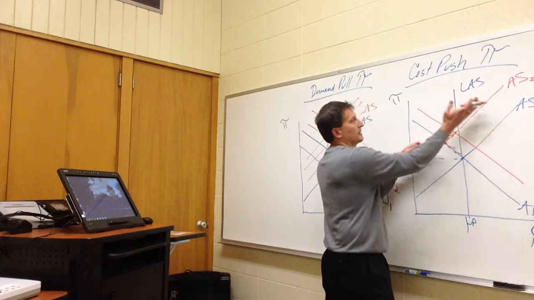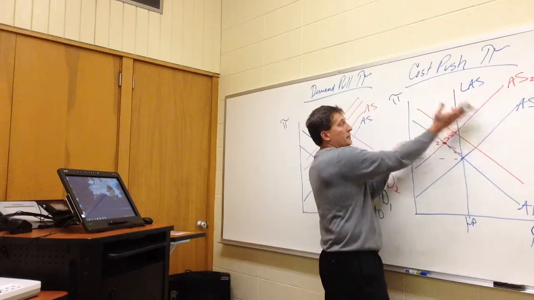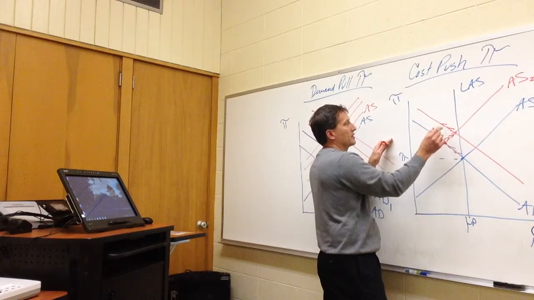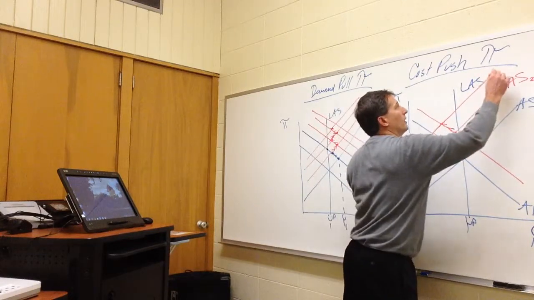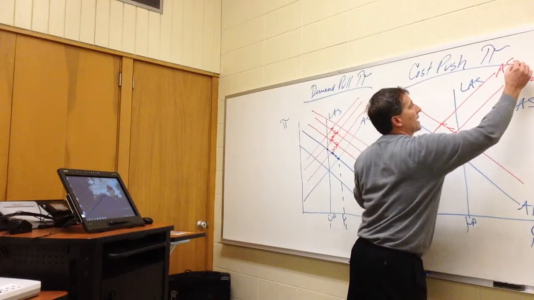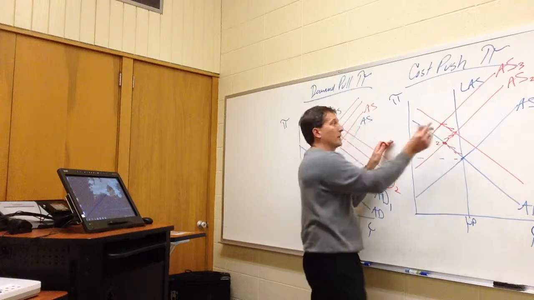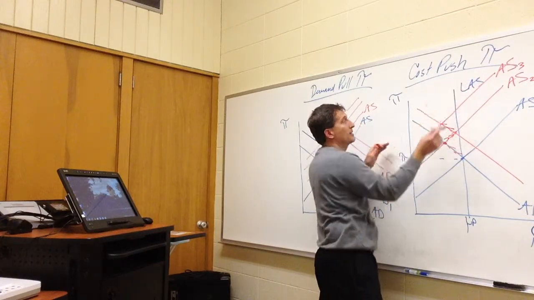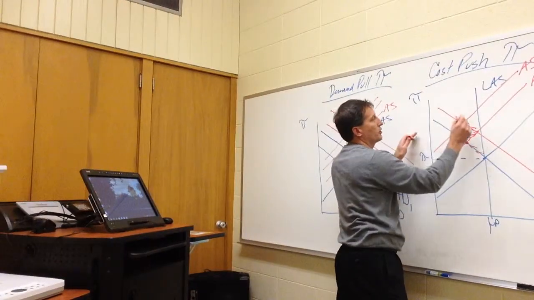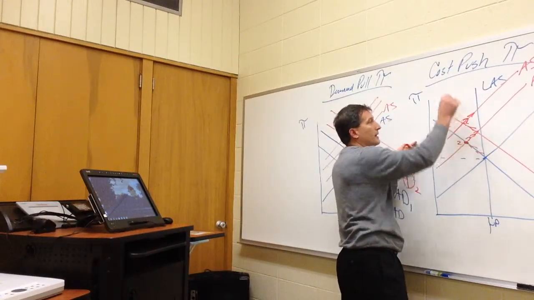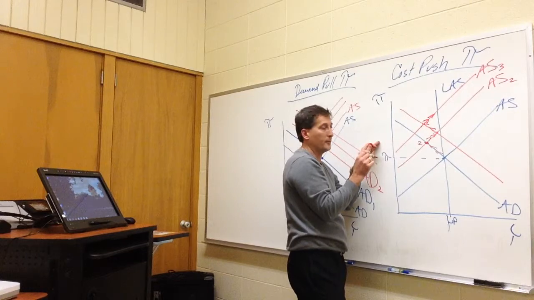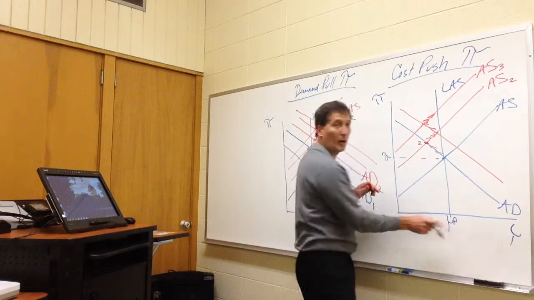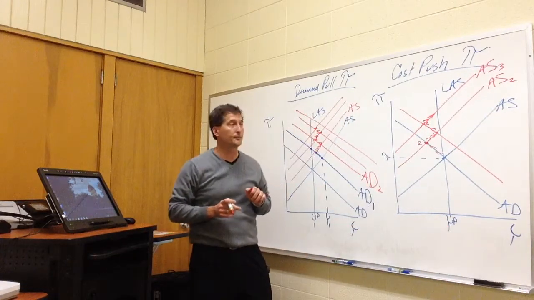But resource prices are continuously being pushed up. If workers are continuously asking for wages ahead of productivity, and the OPEC oil prices continue to rise, we get this cost push inflation, where the path of the economy follows this, never getting quite back to potential.